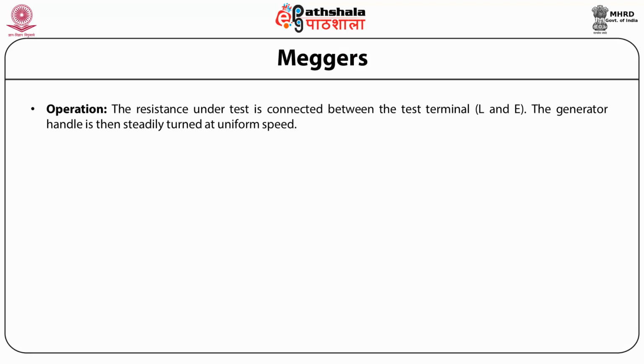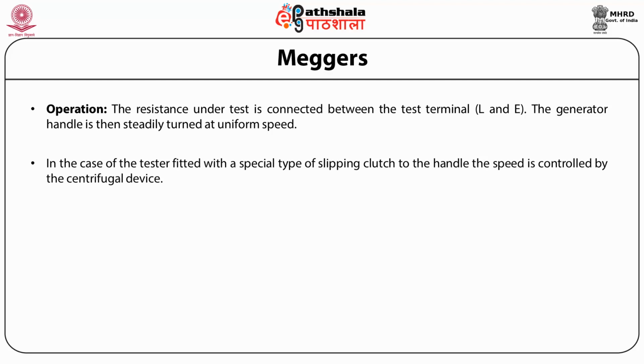The operation: the resistance under test is connected between the test terminals L and E. The generator handle is then steadily turned at uniform speed. In the case of the tester fitted with a special type of slipping clutch to the handle, the speed is controlled by the centrifugal device.